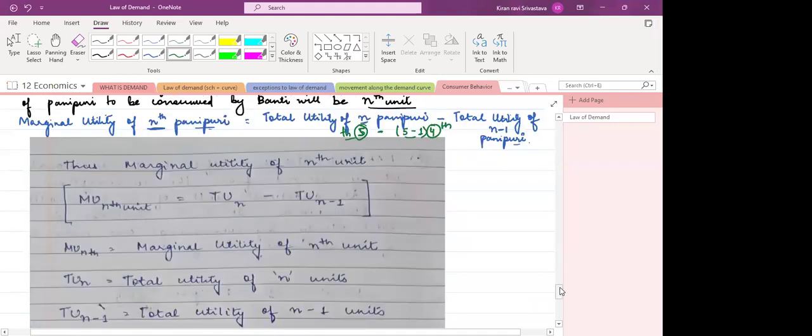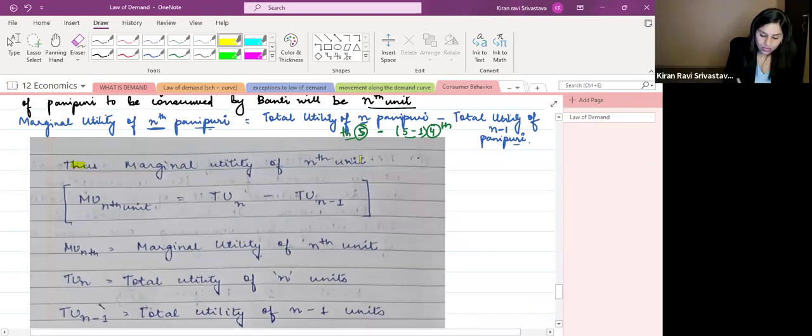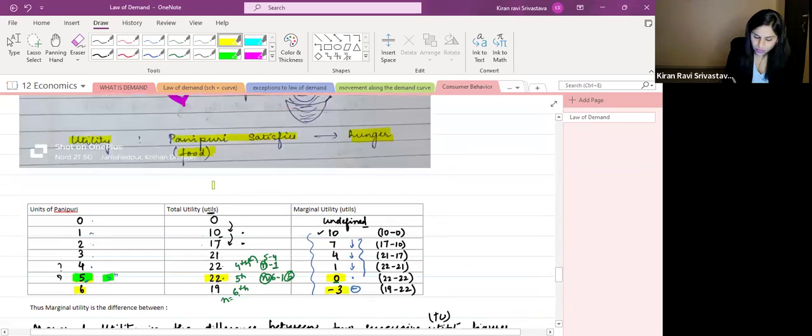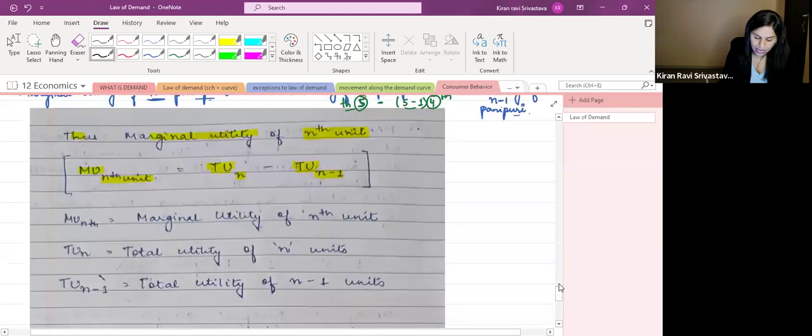Yes, ma'am. Okay. So now the marginal utility of nth unit will be total utility of n minus total utility of n minus 1. Why have we taken total? Because this is your total utility column, and this is your marginal utility column. And that is going to give you the marginal utility of nth unit.